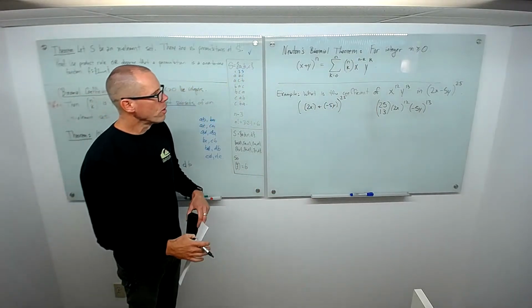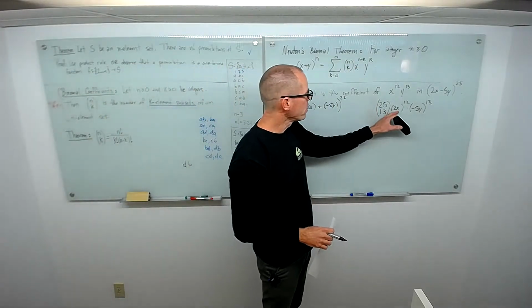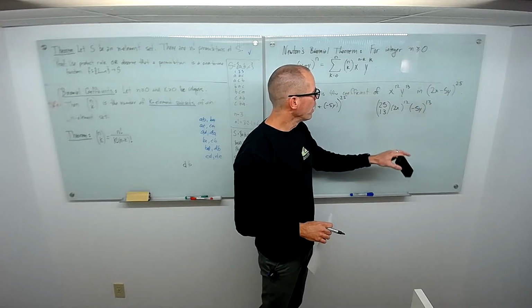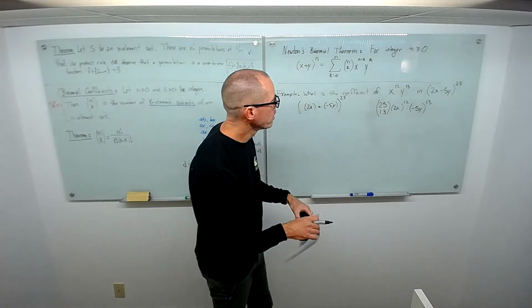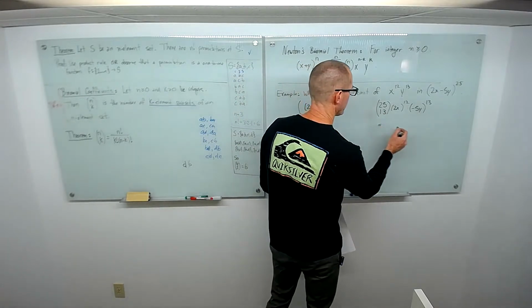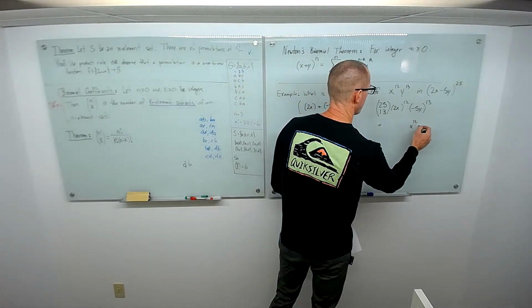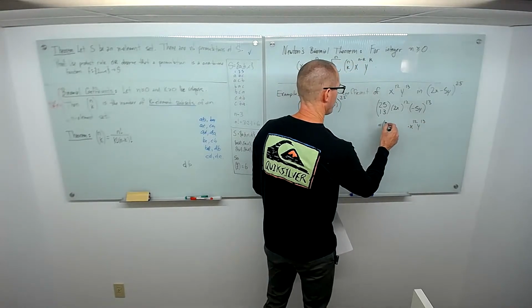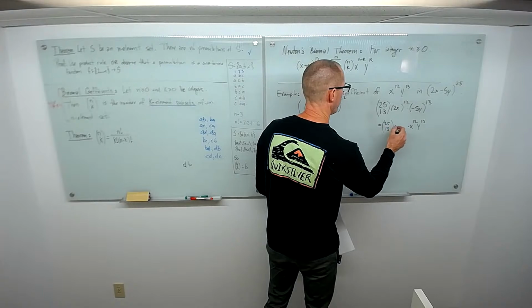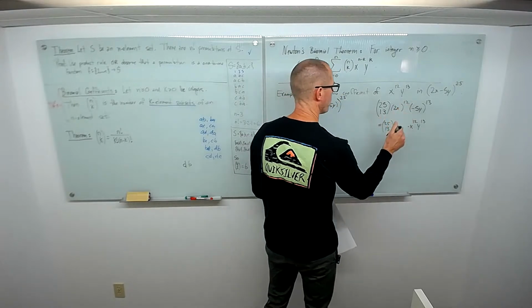And the question wants to know what's the coefficient of x to the 12, y to the 13. So we need to separate these things. So that is x to the 12, y to the 13. The 25 choose 13 is there, but we also have a 2 to the 12.